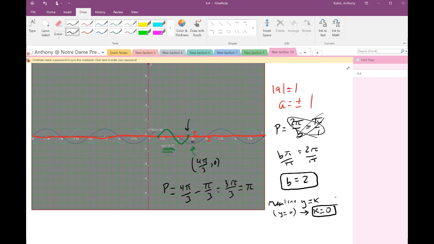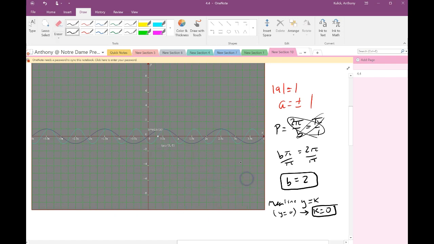The last thing I need to do is find h, and this is typically the trickiest part. So I'm going to erase some of this so we have a cleaner looking graph to work with.